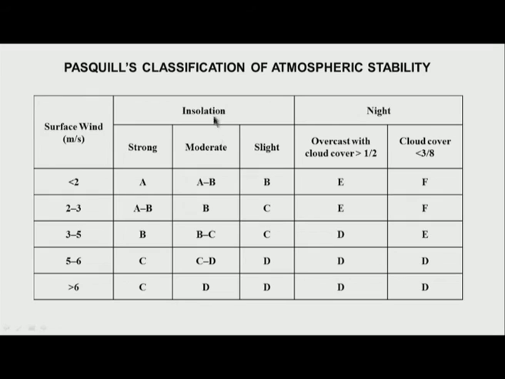Maybe if I have cloud, the insulation on the ground is moderate, and we categorize the entire atmosphere in terms of A, B, C, D and E, and also a very stable condition F, and this is how we did the problem. Therefore, we will do some problems in which we will be able to specify, given the question whether it is a winter day or a winter night or a summer day, hot summer day, we will be able to find out these coefficients and do the problem.